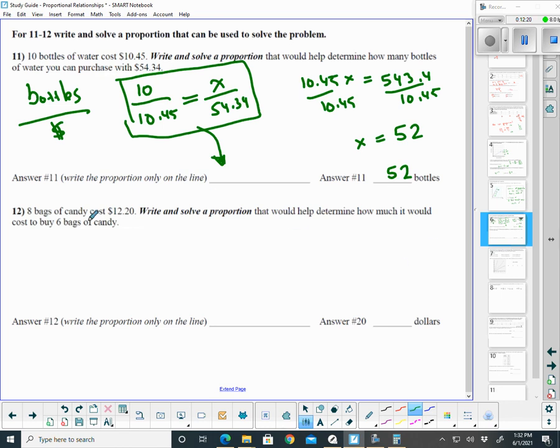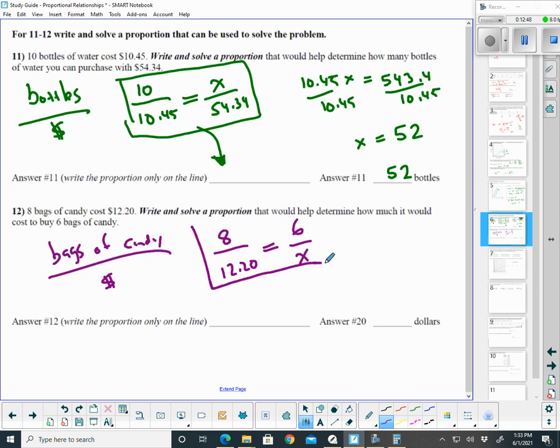For number 12, 8 bags of candy cost $12.20. Write and solve a proportion that would help you determine how much it would cost to buy 6 bags of candy. Well, if we have bags of candy and we are comparing it to dollars, so 8 bags of candy goes with $12.20, just like 6 bags of candy goes with a number we don't know.